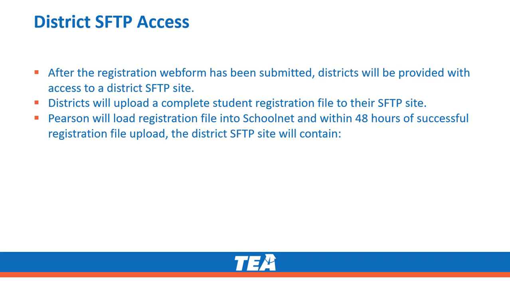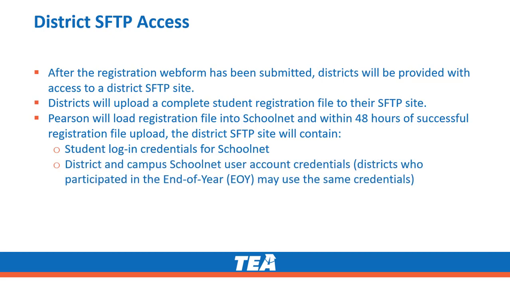Pearson will load the registration file into Schoolnet, and within 48 hours of successful registration file upload, the district's SFTP site will contain student login credentials for Schoolnet, district and campus Schoolnet user account credentials. Districts who participated in the end of year or EOY may use those same credentials.